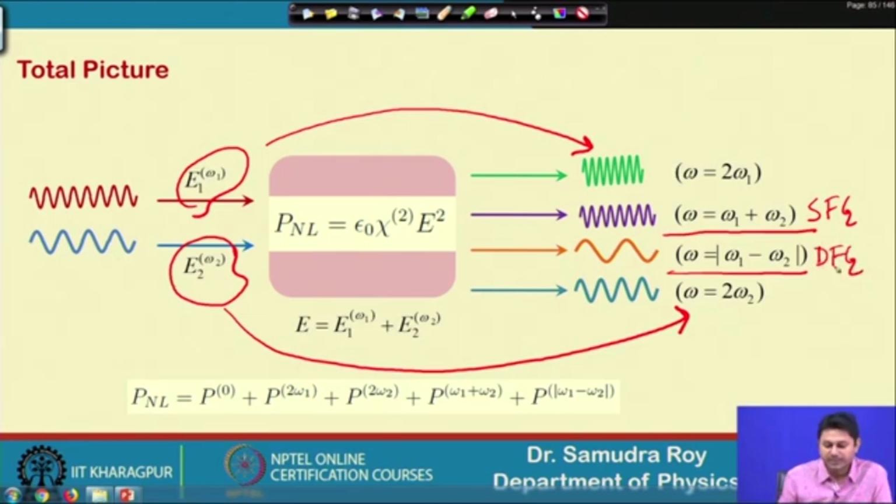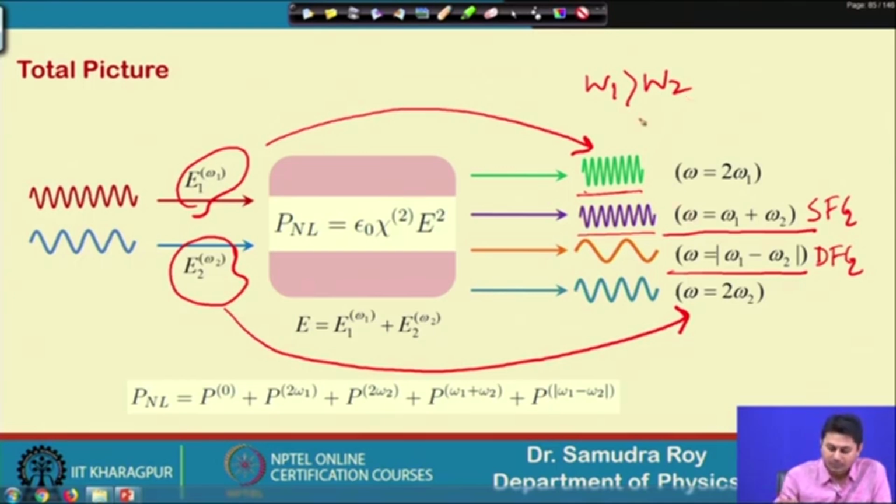If you look into the picture, then the frequencies are represented according to their weightage. For example, if this is omega 1 and omega 2, omega 1 plus omega 2 will give you some high frequency like this. 2 omega 1 will be some frequency. If omega 1 is greater than omega 2, then 2 omega 1 is greater than omega 1 plus omega 2.